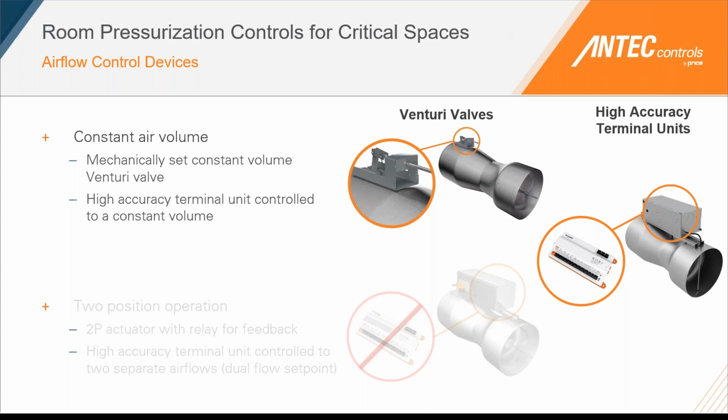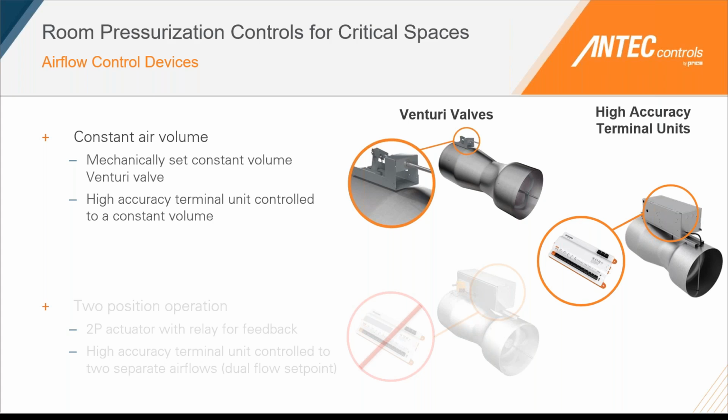On the opposite end, if we have a high accuracy terminal unit and we want to control to a constant volume configuration, we're still going to have to provide a controller and an actuator in order to have some form of control.